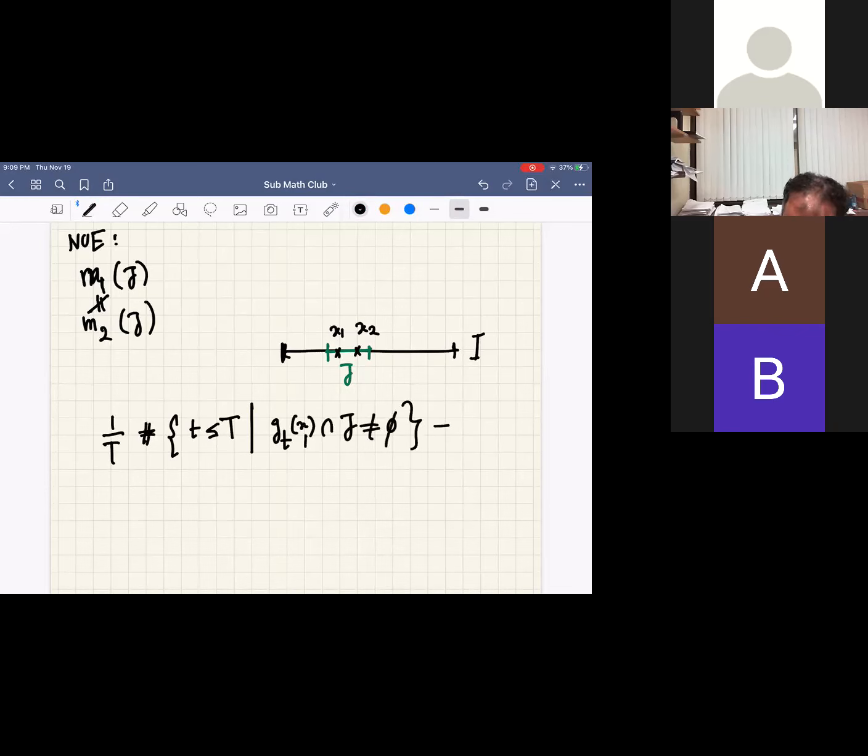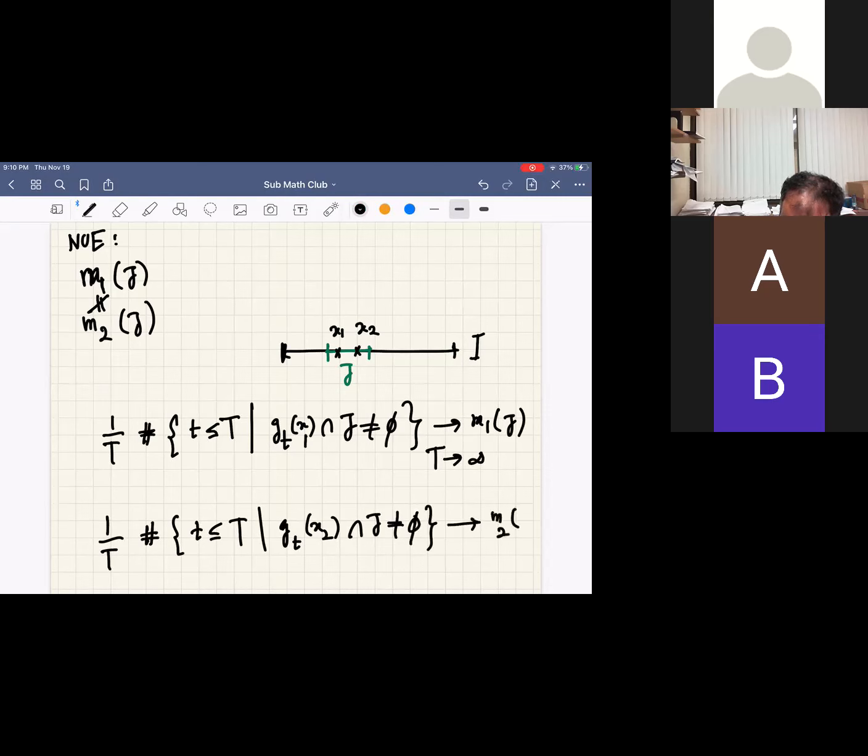Remember, this was supposed to go to M1, because T is ergodic with respect to M1. And then we have the same average for maybe some other points, which is supposed to go to this other measure.